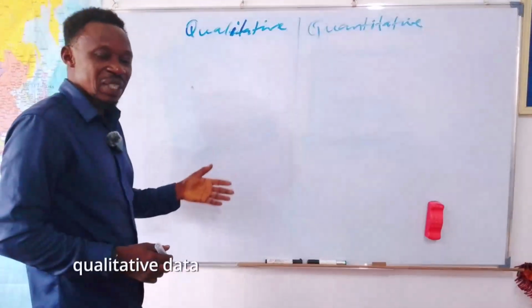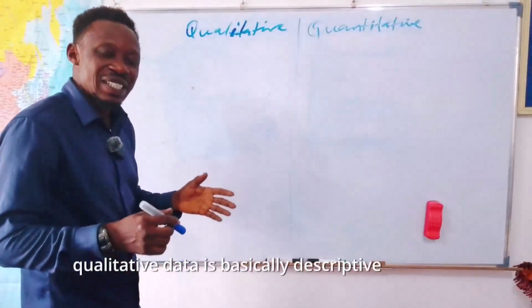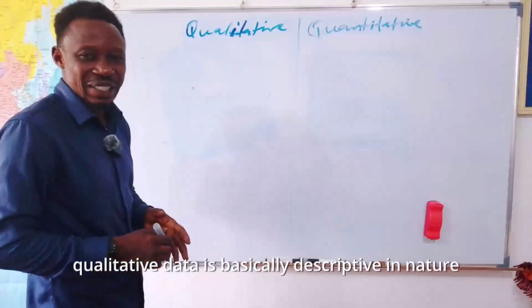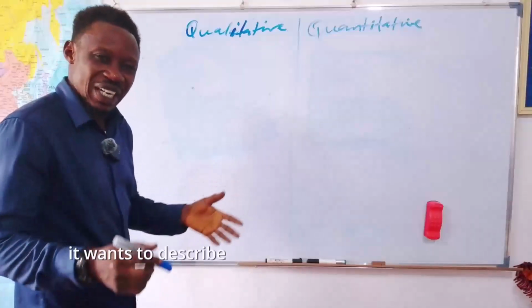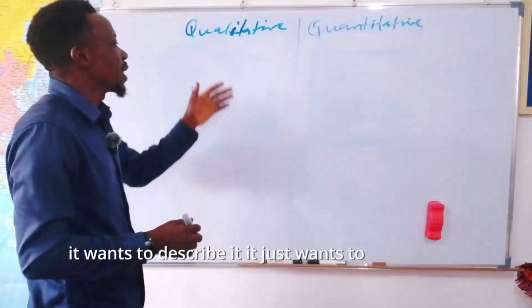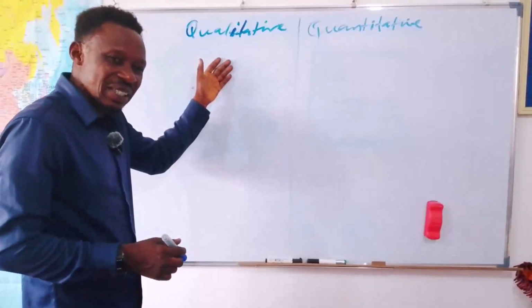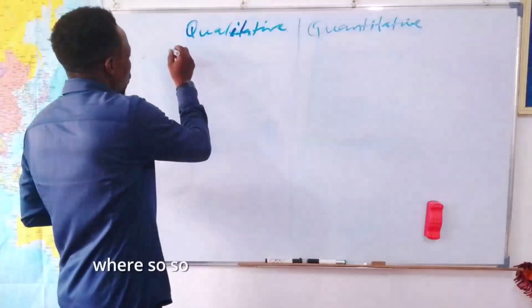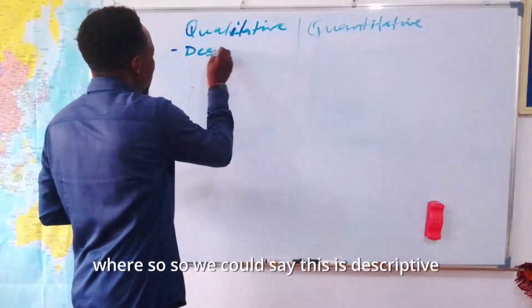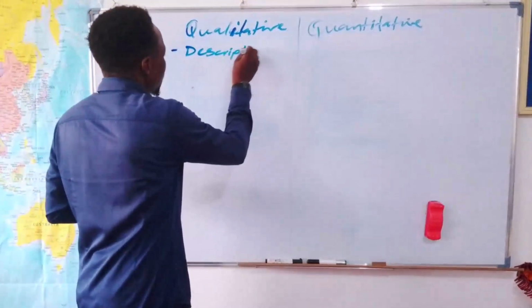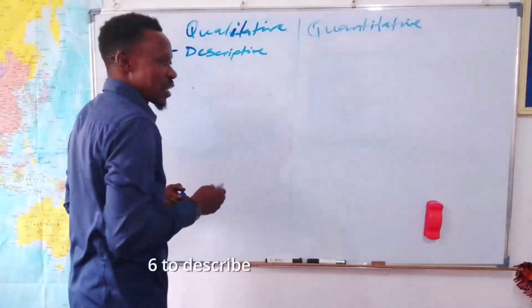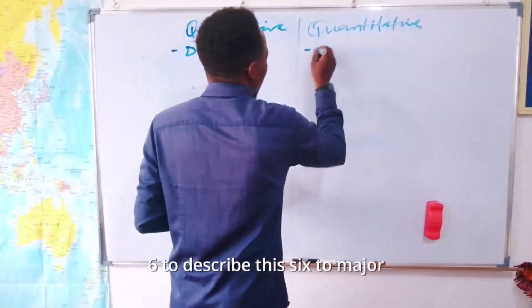Qualitative data is basically descriptive in nature. It wants to describe, it just wants to tell you the kinds. So we could say this is descriptive, seeks to describe, this seeks to measure.